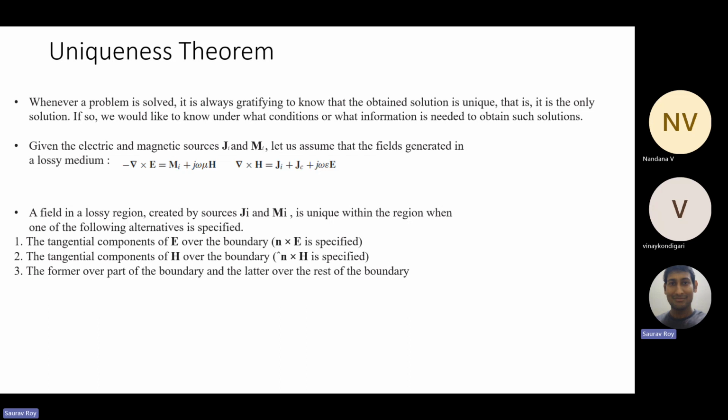So in our electromagnetics problems, what are the conditions so that we will have a unique solution? That is all about the uniqueness theorem. Like when a problem is solved, there can be multiple solutions, but we want a unique solution so that we are assured that this will always be the case.